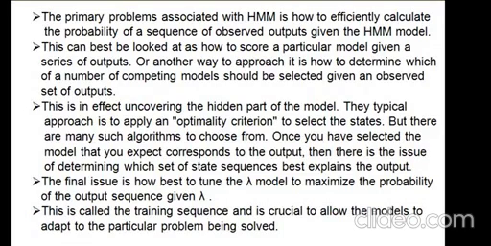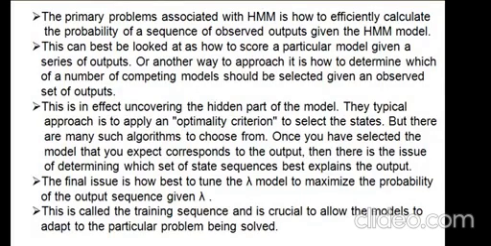That means how the probability of the sequence of observed outputs is going to be calculated, which is somewhat difficult. This can best be looked at as how to score a particular model given a series of outputs, or how to determine which of a number of competing models should be selected given an observed set of outputs.